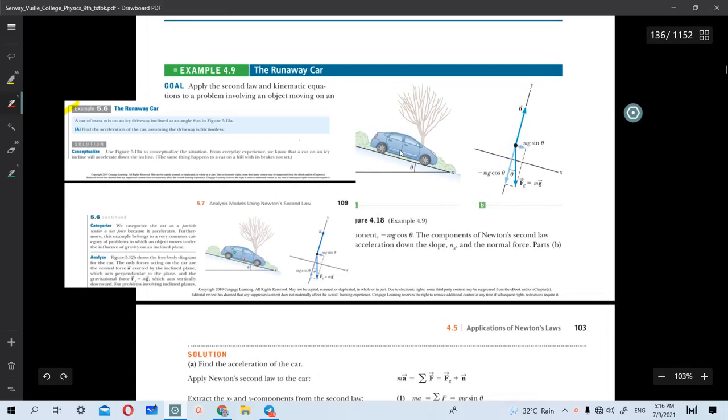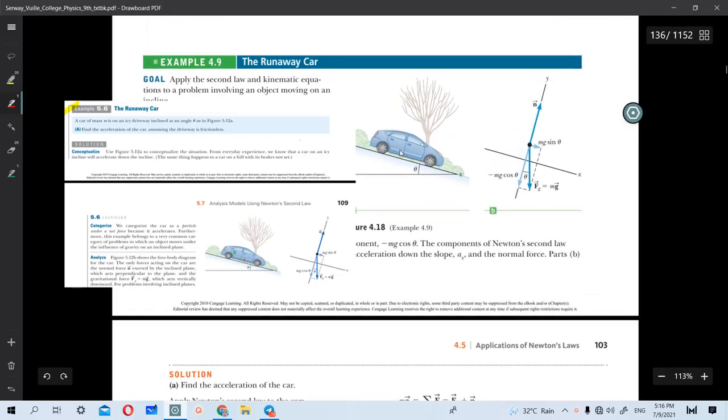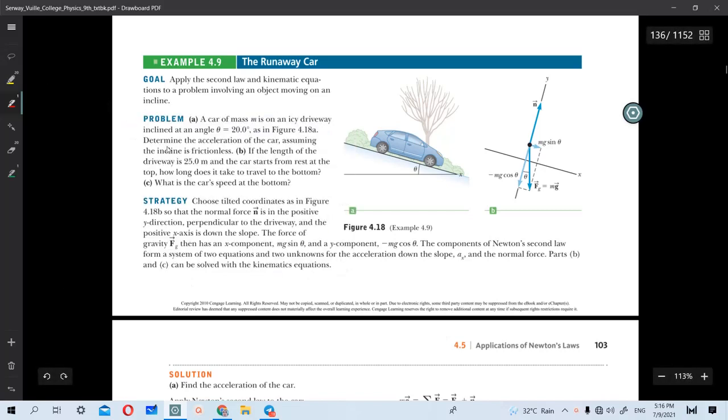Now, I'm going to give you an additional example very similar to the previous one. However, it comes together with a few values. For instance, this is the very same car, and given here that the angle is 20 degrees. Determine the acceleration of the car, provided that there is no friction. That's number 1.